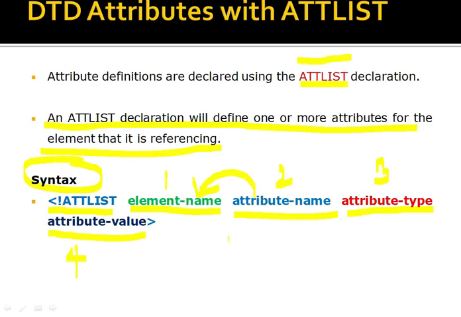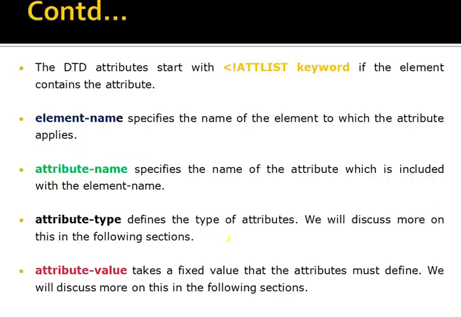So what does this syntax say? The DTD attribute declaration starts with the ATTLIST keyword. If you want to have attributes, the element declaration should have the ATTLIST keyword. Then the element name specifies the name of the element to which the attribute applies. Attribute name specifies the name of the attribute included with the element.